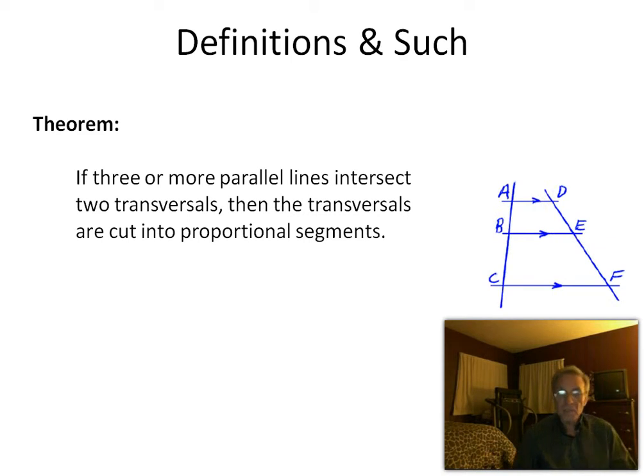Then the transversals are cut into proportional segments, and it would look something like this. As you can see, it's basically a triangle that has not been completed out, but what this is useful for is real estate, to set up what lots are going to look like between two streets. It's also used to determine what the rental would be in something like a mall, like Parks Mall.